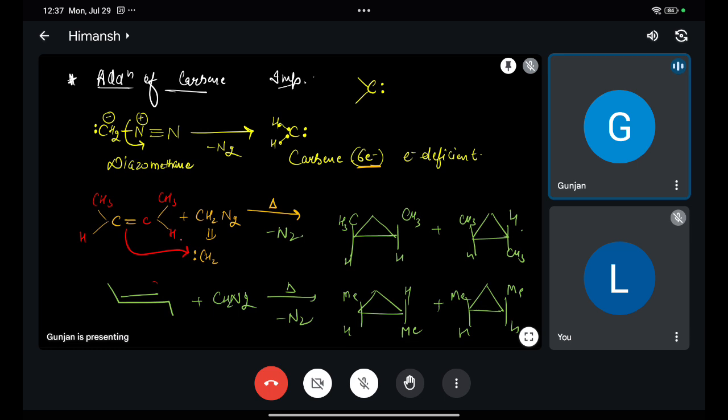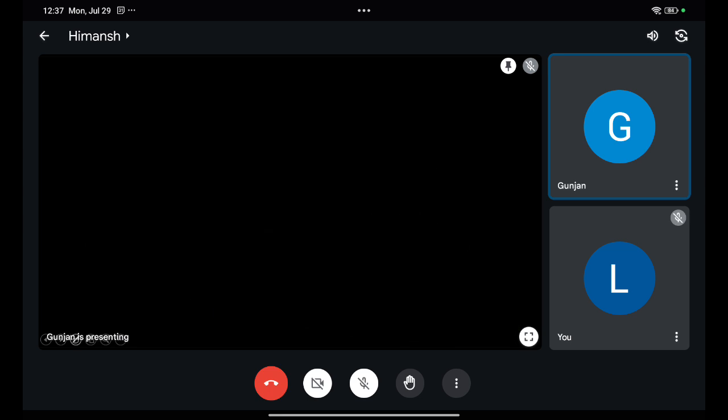One more reaction was there of carbene addition, that is, alkene when we are having alkane with CH2I2 and copper zinc.